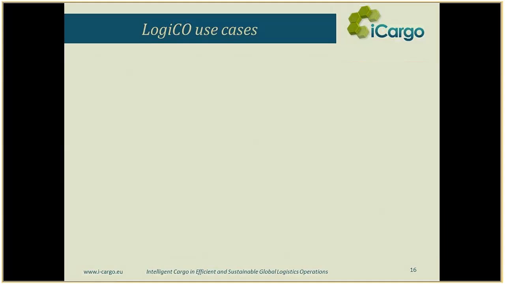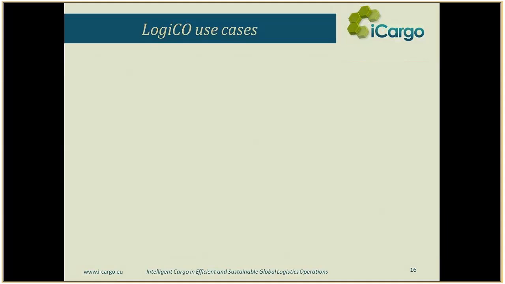And what should we use LogiCO for? Well, first of all, what we've seen is an ontology, and it's a schema. It's a schema that has these core concepts that should be used to create data. If we have a schema, if we have how the semantics should be, but we don't have data, that's not very useful.